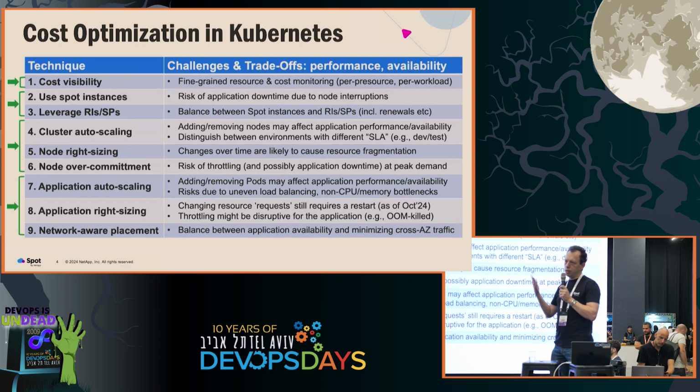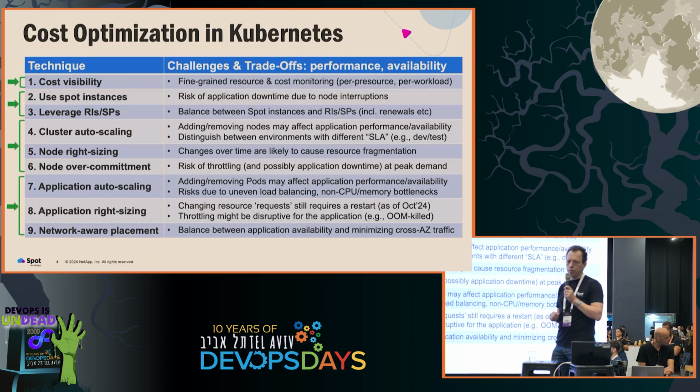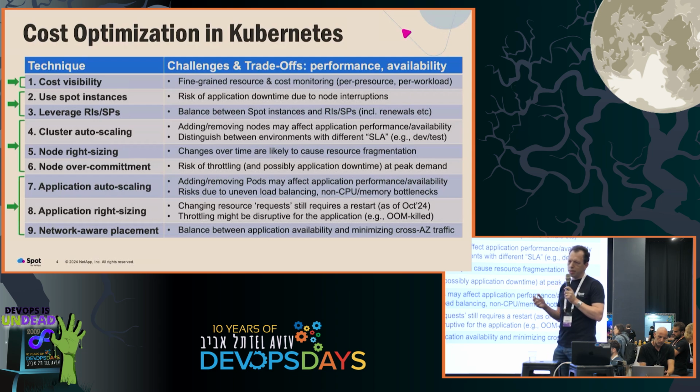So based on the load, Kubernetes can add replicas of your application or remove replicas. In many cases, it works well. In some cases, it doesn't work so well because maybe your load is not evenly distributed between your replicas, or maybe the bottleneck is not CPU or memory. But in general, it's also a very common practice.